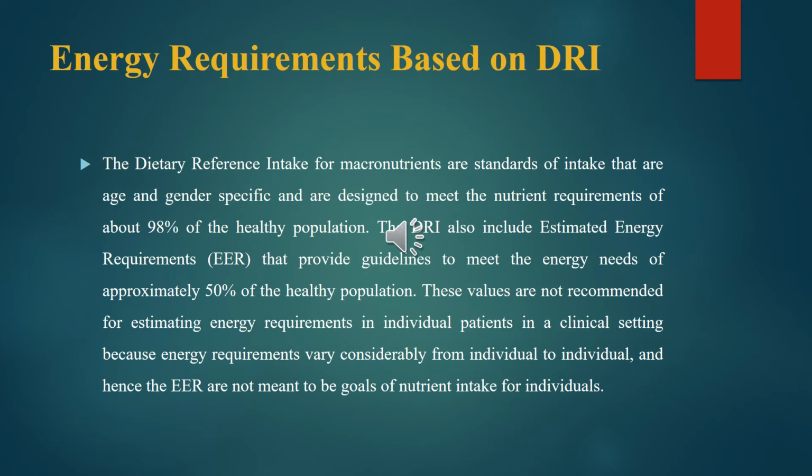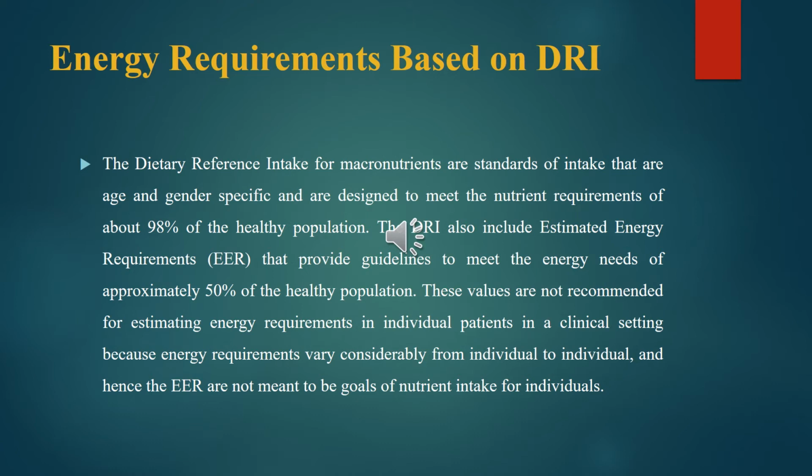The dietary reference intakes for macronutrients are standards of intake according to age and gender. So DRI includes the estimated energy requirement, which provides guidelines to meet the energy needs of approximately 50% of the healthy population.